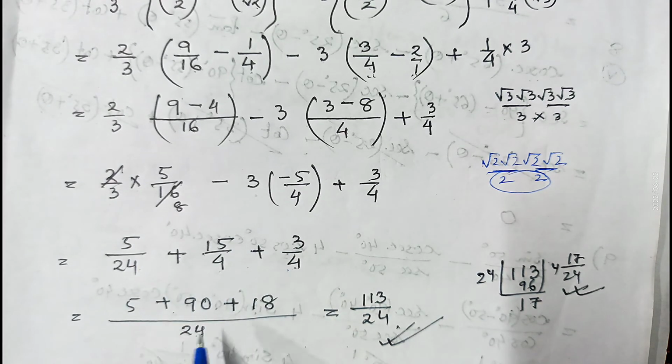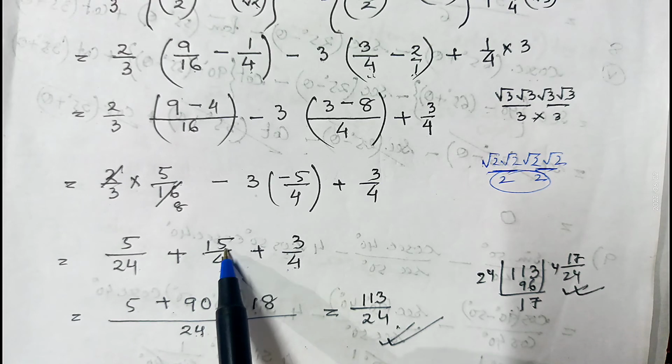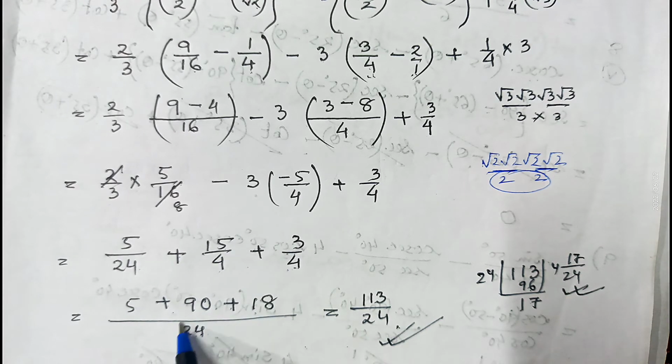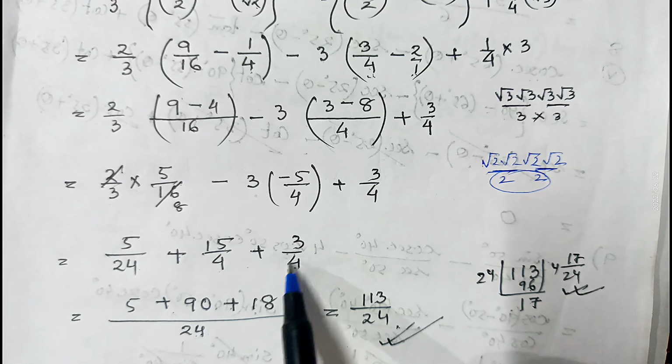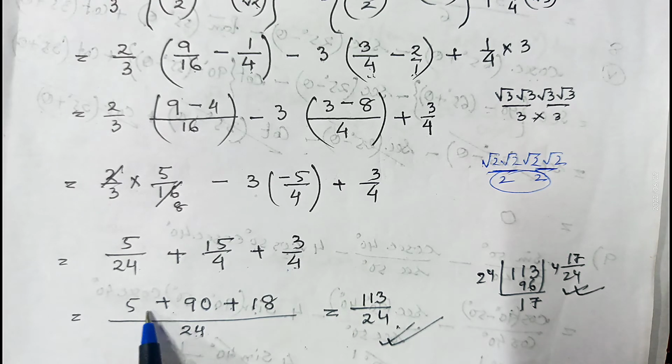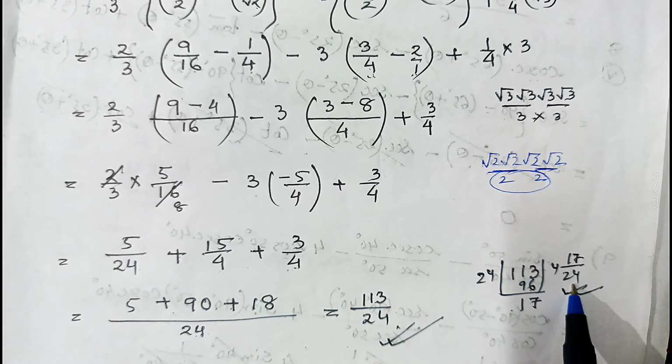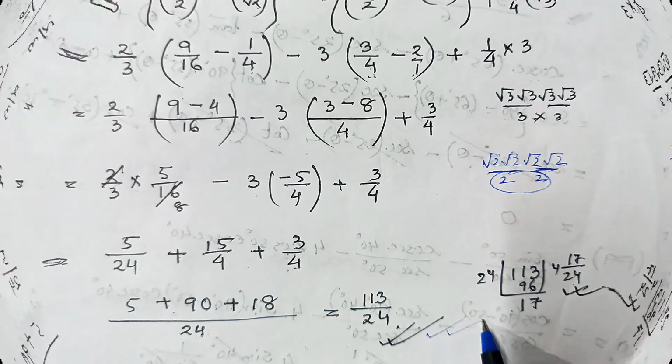Here the LCM will be 24. 24 divided by 24 is 1, 5 times 1 is 5, plus 24 divided by 4 is 6, 15 into 6 is 90, plus 24 divided by 4 is 6, 3 times 6 is 18. Now if you add these 3, it will be 113 by 24. In mixed fraction, it will be 4 17 by 24, which is the required answer.